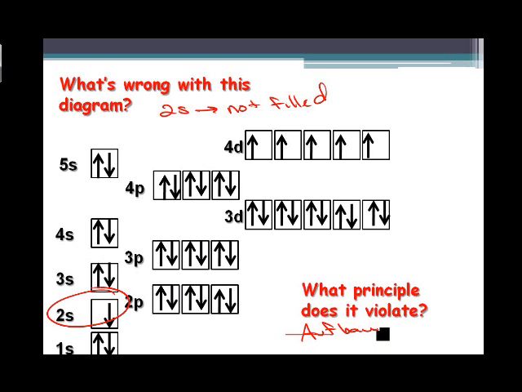The Aufbau principle. If we were to fix this, we would take one of the electrons from up here and correctly put it down there.